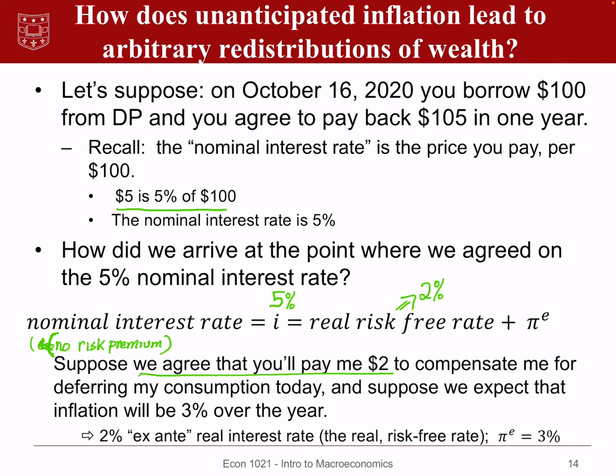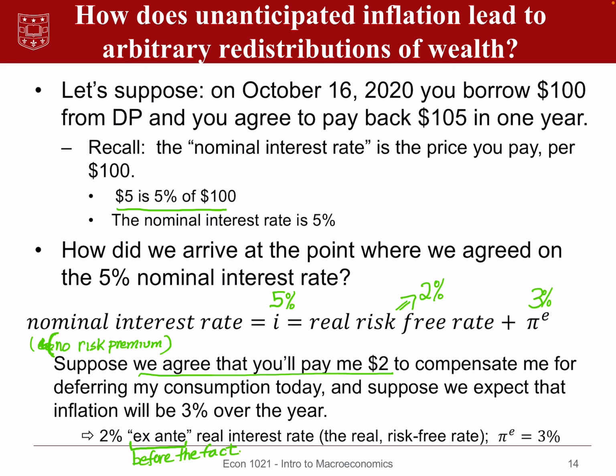And suppose that we expect that the rate of inflation is going to be 3% over the year. Then we're going to think about this ex ante, which means before the fact. Remember in the last notes, we talked about the sequencing of interest rates.